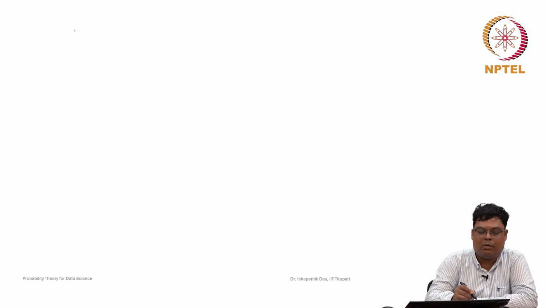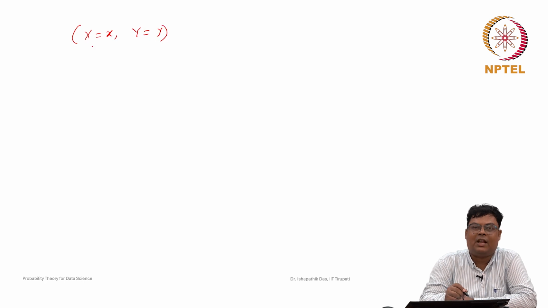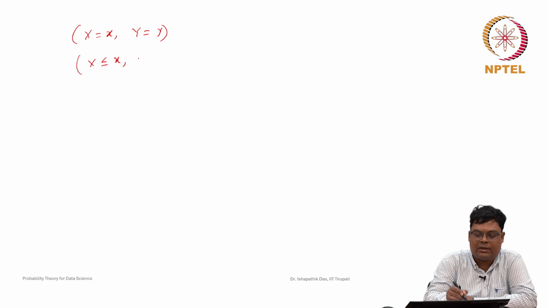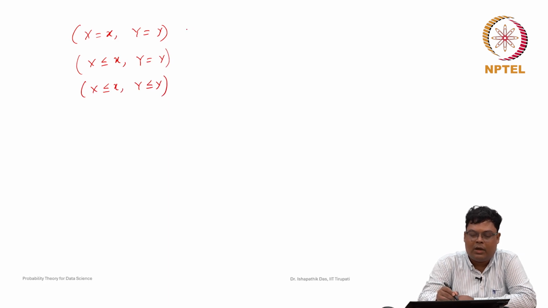We can talk about x is equal to some real number x, y is equal to some real number y, where x is the random variable, or we can talk about x less than equal to x, y is equal to y. We can talk about anything like x less than equal to x, y less than equal to y. How is it defined? Suppose we want to define it, we can define this by an event Ax, which is x is equal to x.